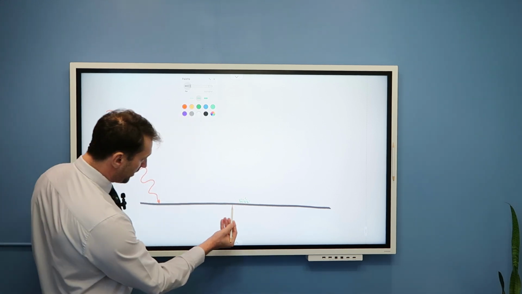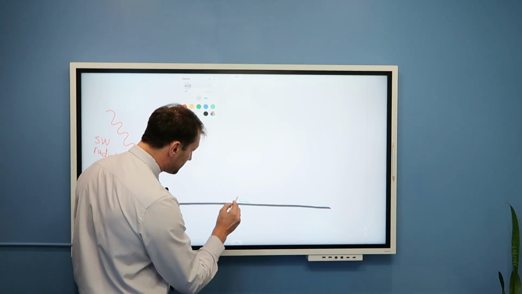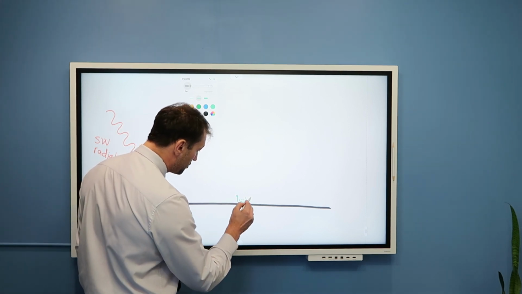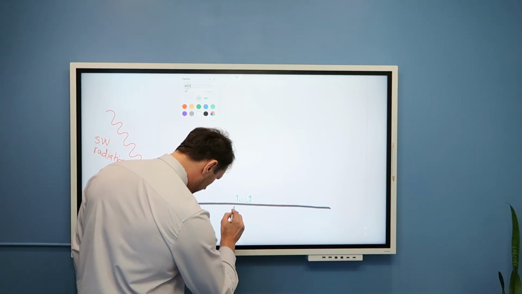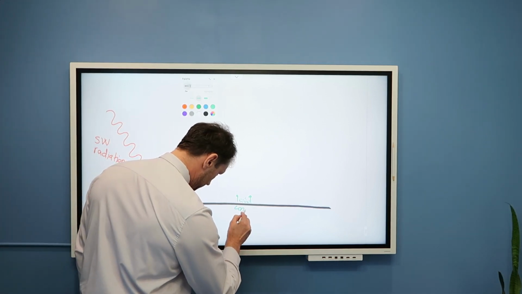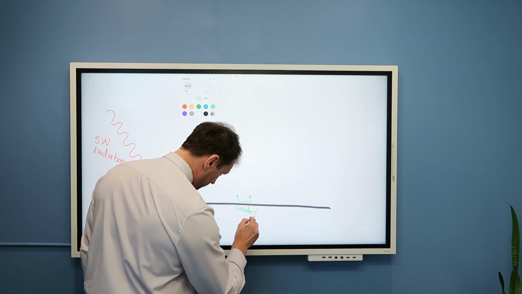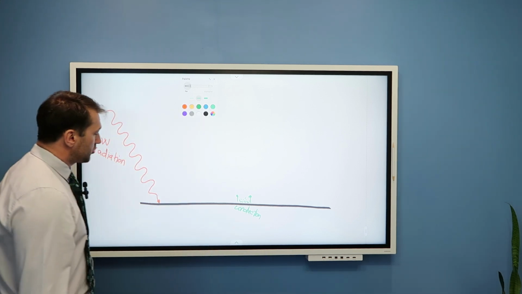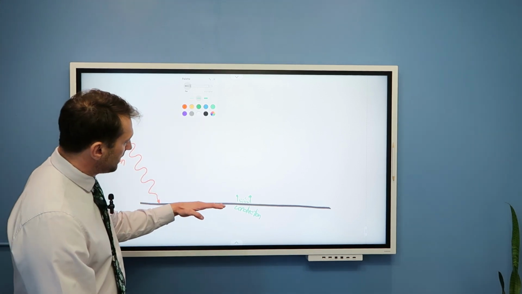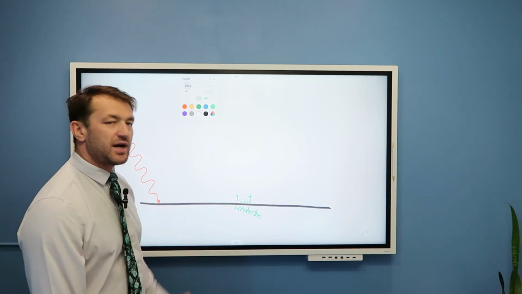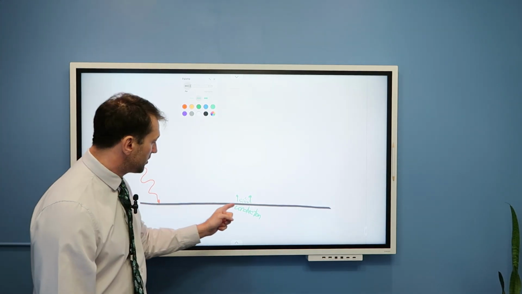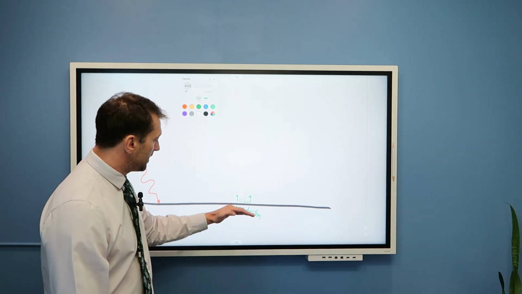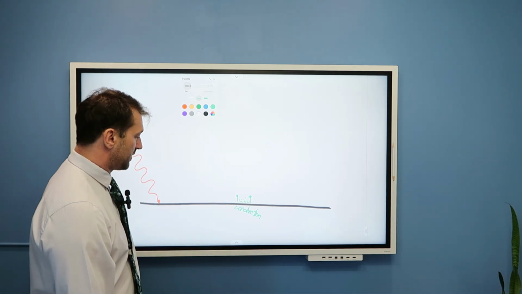And now these molecules jiggle. And this transfer of energy through jiggling, as we know, is known as conduction. So the atmosphere is warmed by conduction. And that's because Earth absorbs solar radiation, jiggles more, and that jiggling is transferred to the atmosphere.